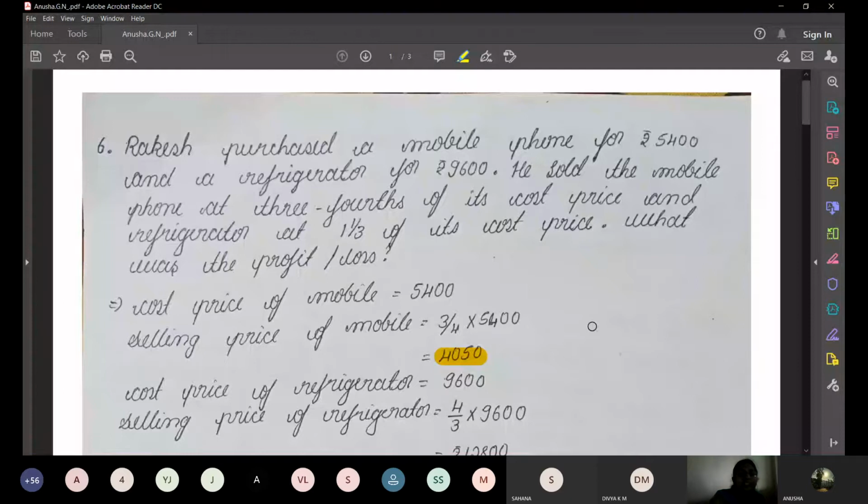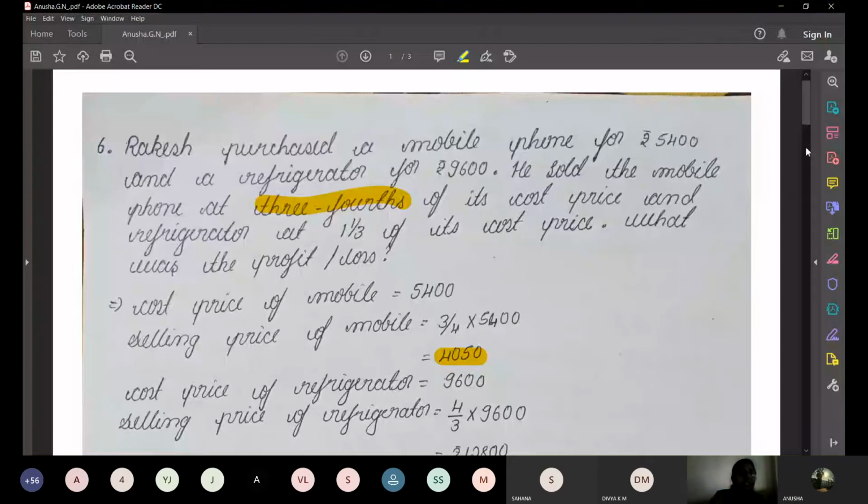So you have to take 3/4 into the original cost of the mobile. So 4,050. Here he incurred a loss, because the original buying cost of the mobile is 5,400 but when selling we have to consider 3/4 of it. So 3/4 into 5,400, it is a loss.